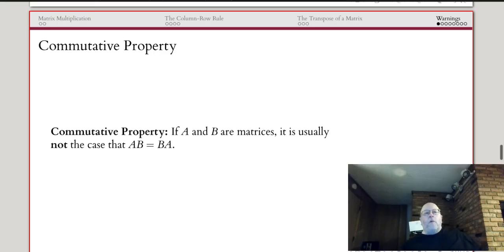Just a couple of warnings about how multiplication works. Multiplication of matrices is different from the way that we multiply numbers. With numbers, the order does not matter. 2 times 5 is equal to 5 times 2. That works for numbers.